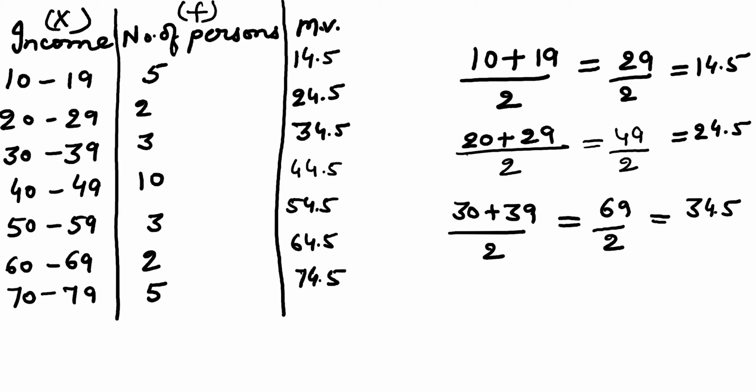Only then can you get this insight that if there is a gap of 10 in the class interval, then there will be a gap of 10 between mid values.